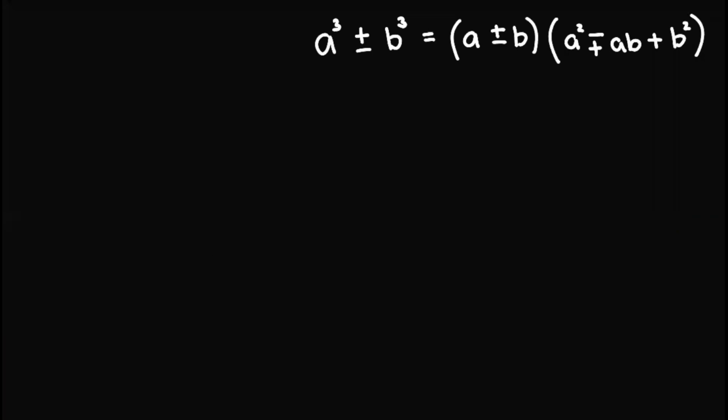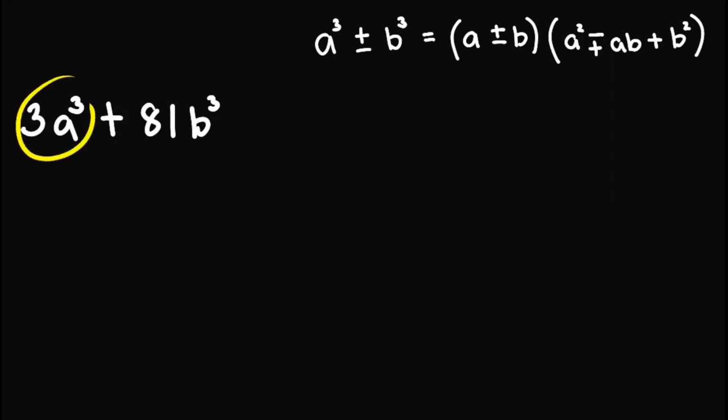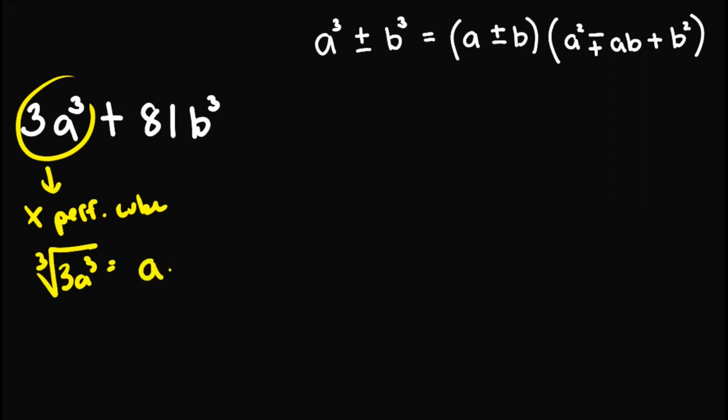Let's have our third example. If we have 3a cubed plus 81b cubed. Now you might say that this one out here is not a perfect cube, since if we get its cube root, we'll have a cube root of 3, which is not perfect since we still have this one.